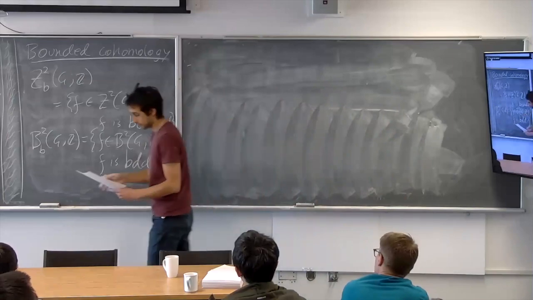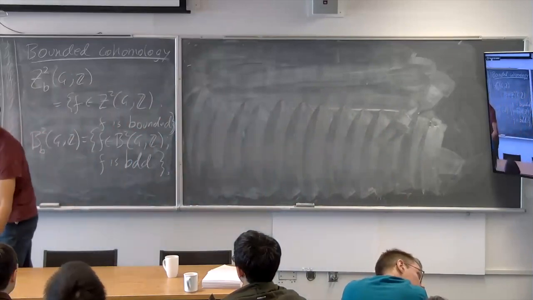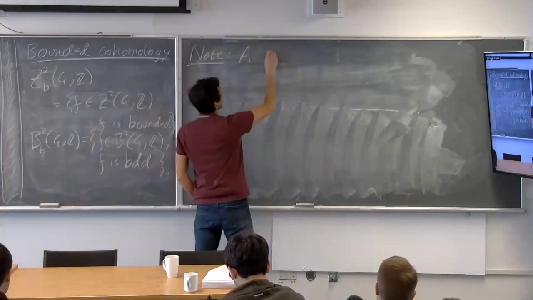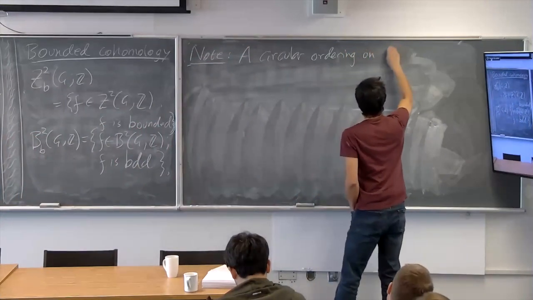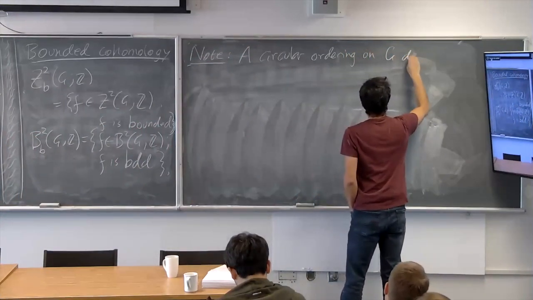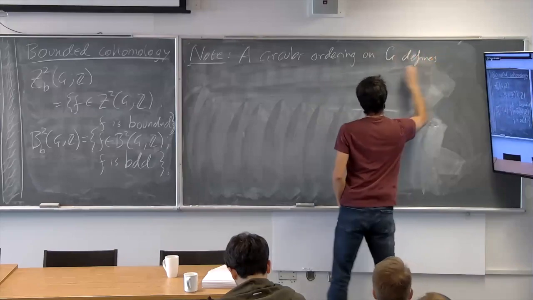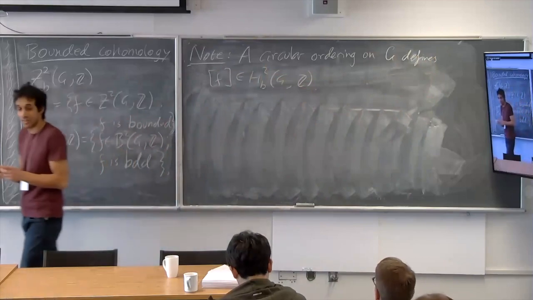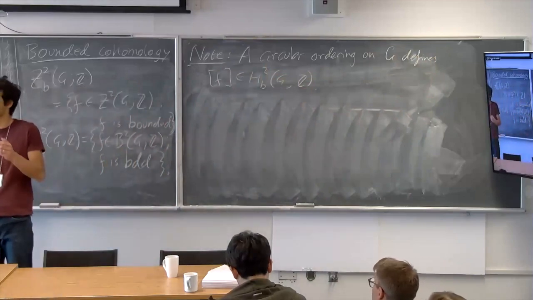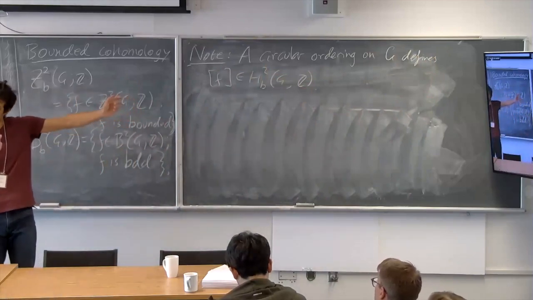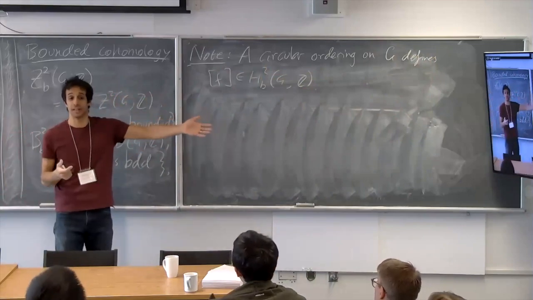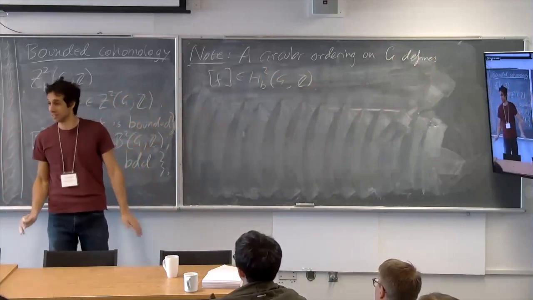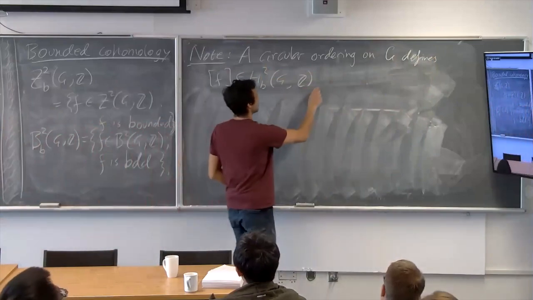Okay, here's the first thing to notice. A circular ordering on G defines a bounded cohomology class, simply because the definition of a circular ordering is that it's a cocycle. One of the conditions is that it takes values in 0 and 1. That's bounded, very bounded. Cool.